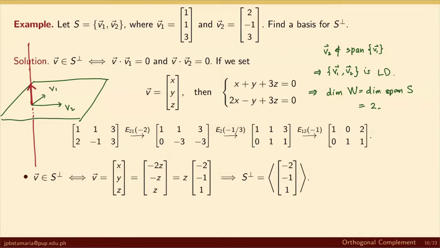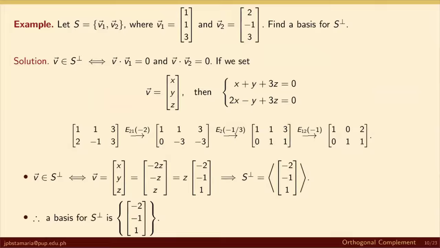You can check that this is orthogonal to that and this is orthogonal to that. You can do that. Okay? That's what's happening here. Hopefully you did understand. So if you're looking for a basis for S perp, of course, you have to write it as a set, the set containing the vector (-2, -1, 1).